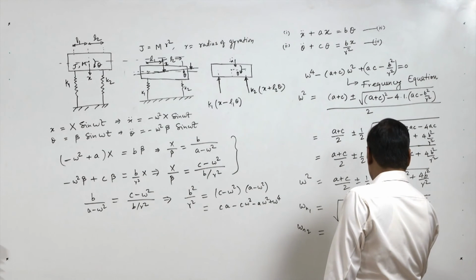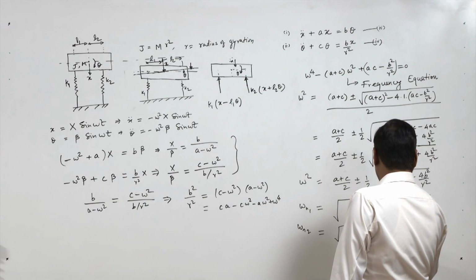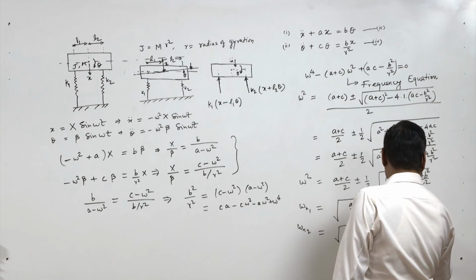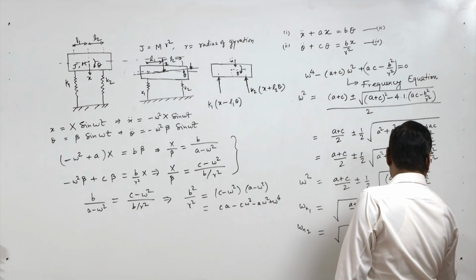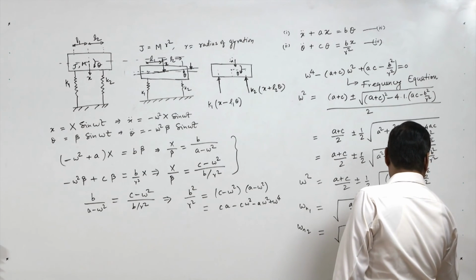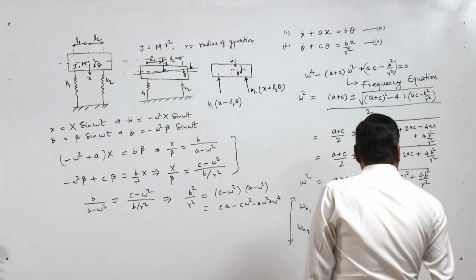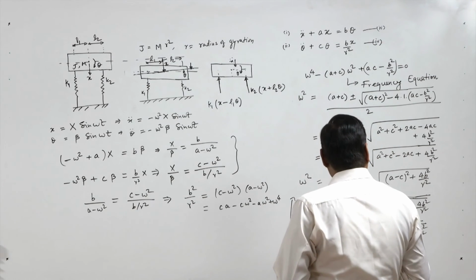So, a plus c by 2 plus 1 by 2 under root a minus c whole square plus 4b square by r square. Okay, so we get omega n1 and omega n2.